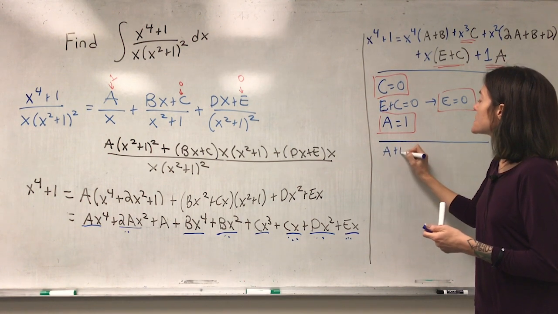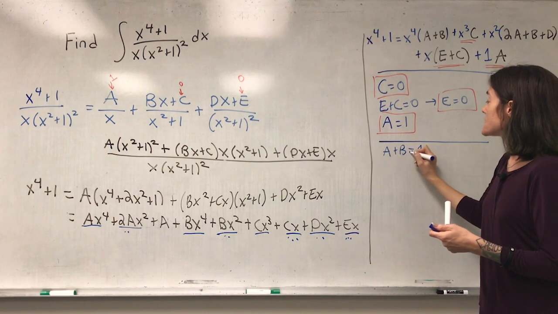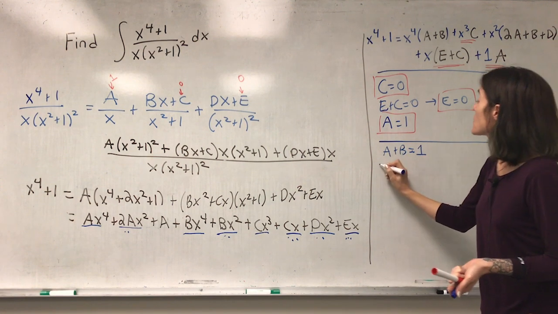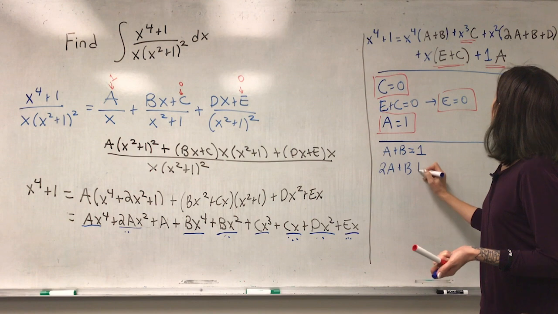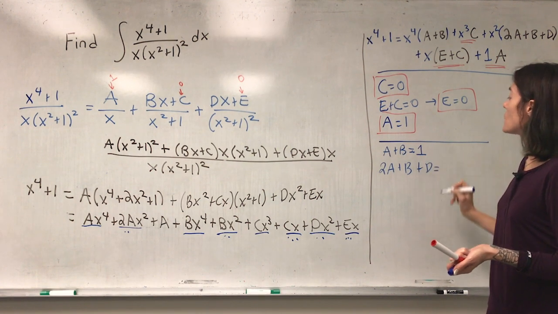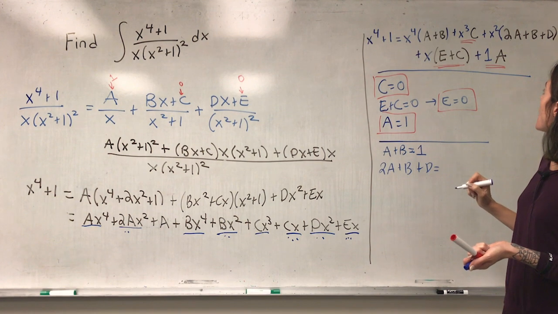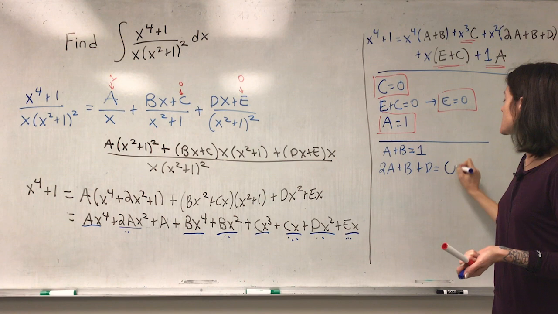I have a plus b needs to equal the coefficient in front of x to the 4th. This is 1. Then I have this longer one that says 2a plus b plus d would equal, let's see, the coefficient in front of x squared, which is 0.